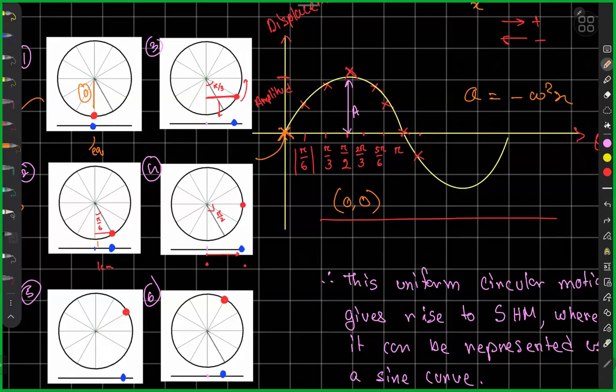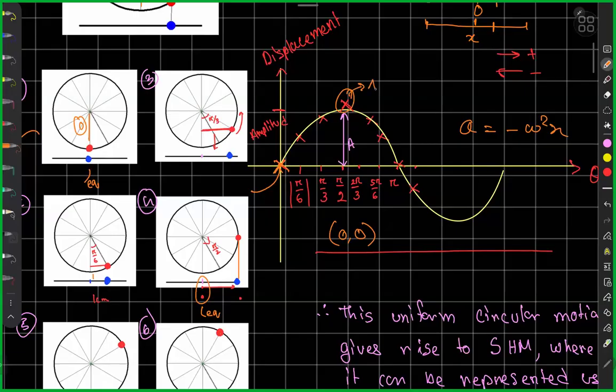Now let's do something else. I move it to pi by 2 rad, my bad. Map it onto the shadow. Isn't this the maximum displacement? This is your maximum displacement away from your equilibrium position. So as the red ball covers pi by 2 radians, it creates a shadow of maximum displacement, or amplitude.